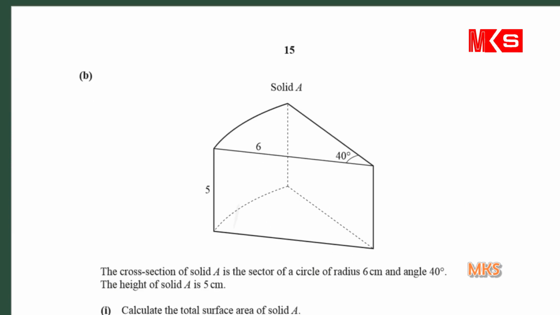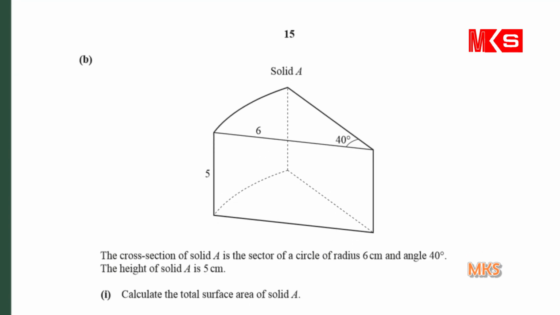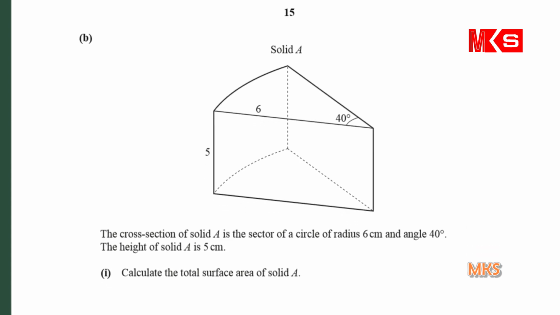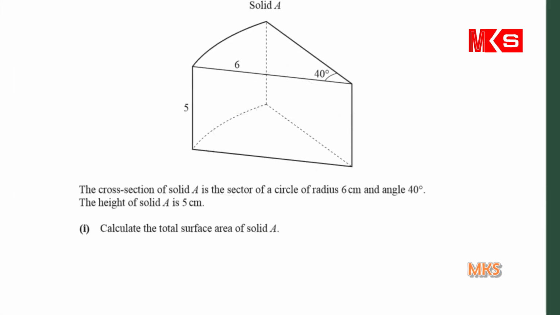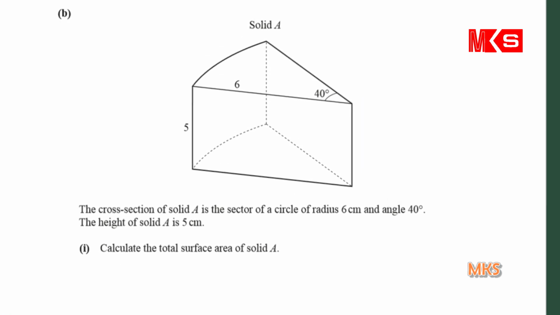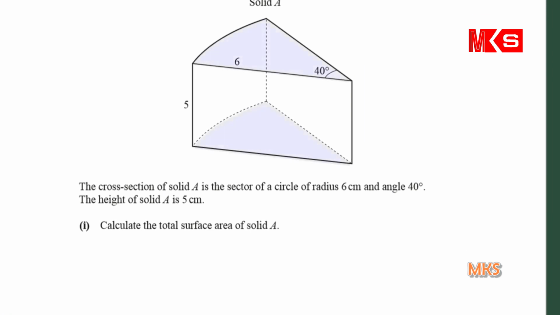In part B, there is a solid. The cross section of the solid A is a sector of a circle of radius 6 centimeters and angle 40 degrees. The height of solid A is 5 centimeters. Calculate the total surface area of solid A. The total surface area includes 5 surfaces. The top and bottom are the same.